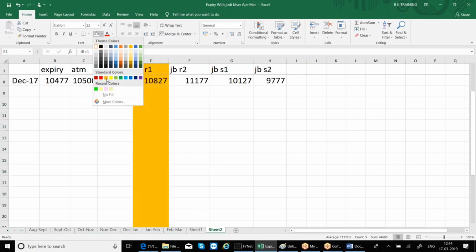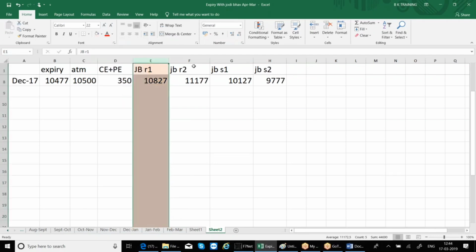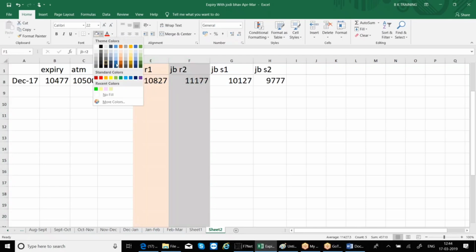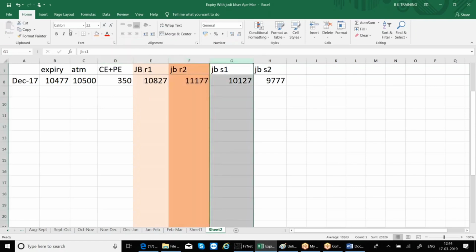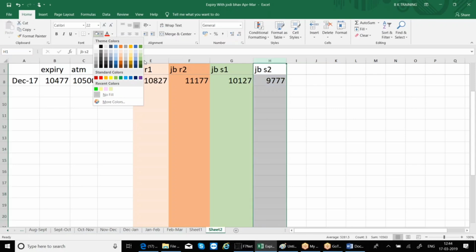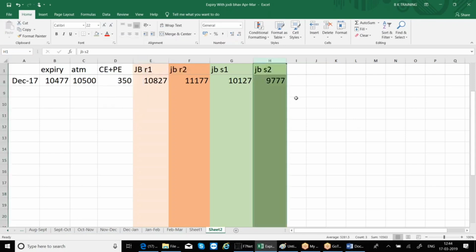These are all resistances, R1, R2, supports. अभी आप सिर्फ देखो मार्केट चलता कैसे है, बाकी सब छोड़ दो, ठीक है?